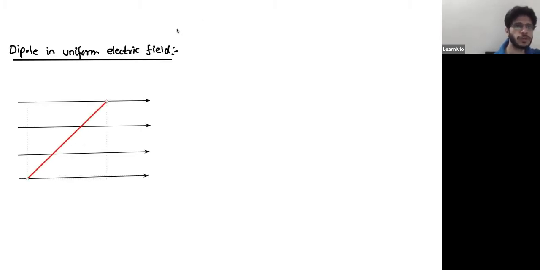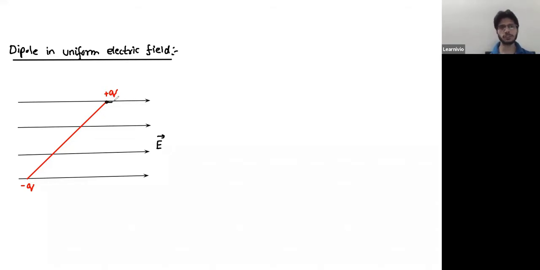In this uniform field, I place a dipole. Dipole simply means it's a system which has equal amount of negative and positive charge.